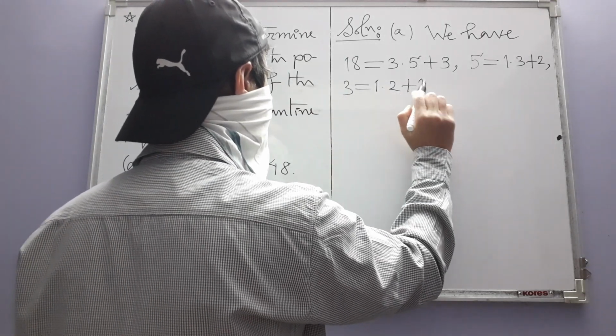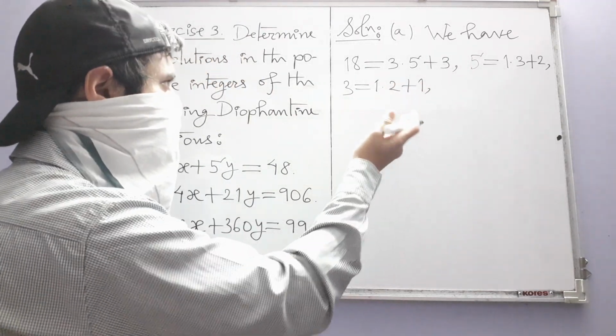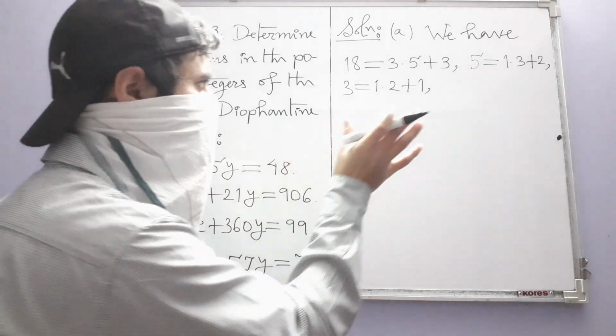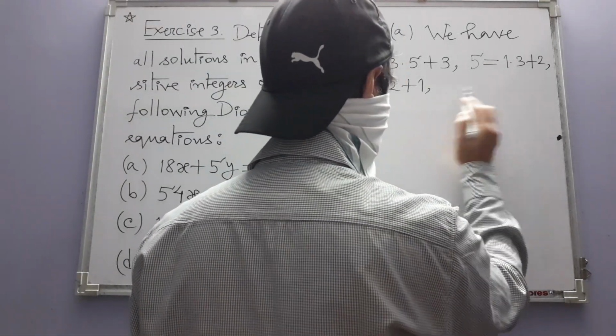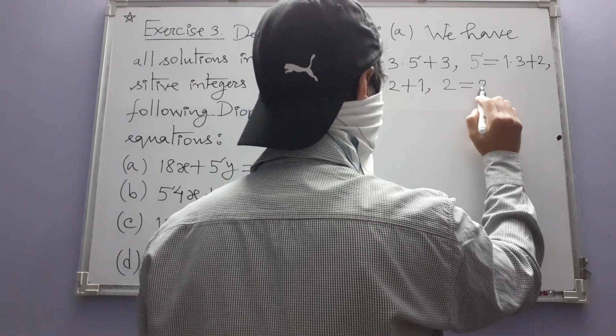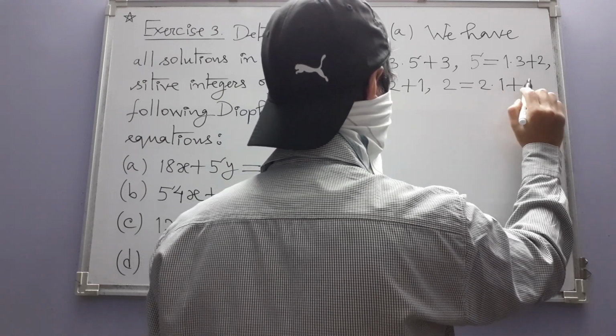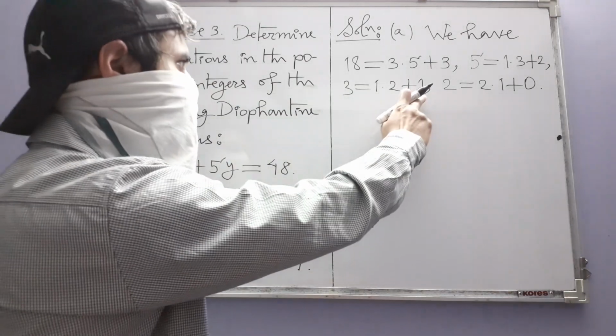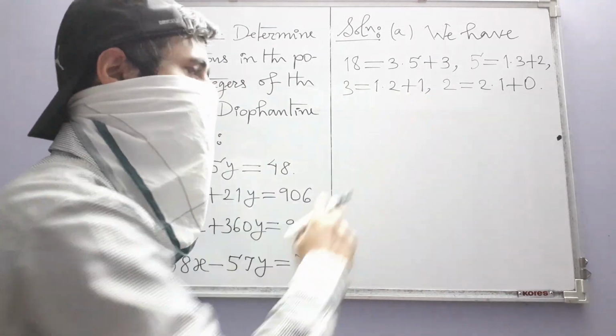Next we divide 3 by 2. The remainder is 1, and you can already see that 1 will be the greatest common divisor, but still let's write the last one just for the sake of writing. So you get the 0 remainder and the process stops here. The last non-zero remainder is 1, so that is the GCD.